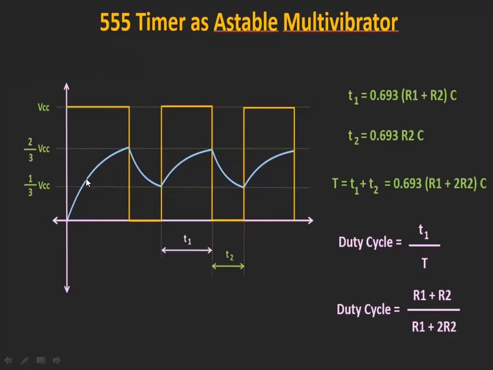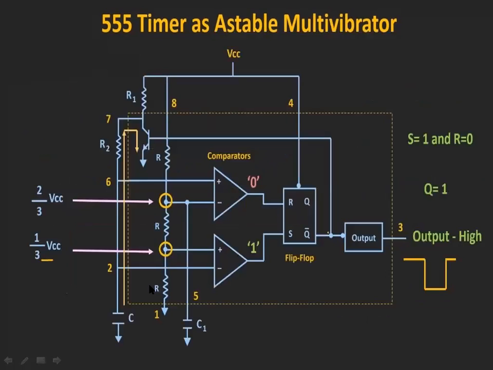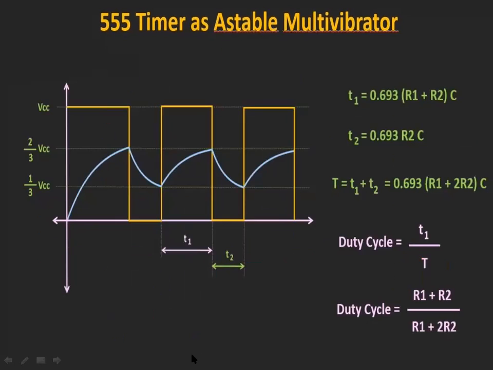After that, the output will stay at 1 only, and after this point also the output is going to stay at the 1 level, because up to here you can observe the upper comparator and lower comparator outputs are high: reset state, and then after that no change state.